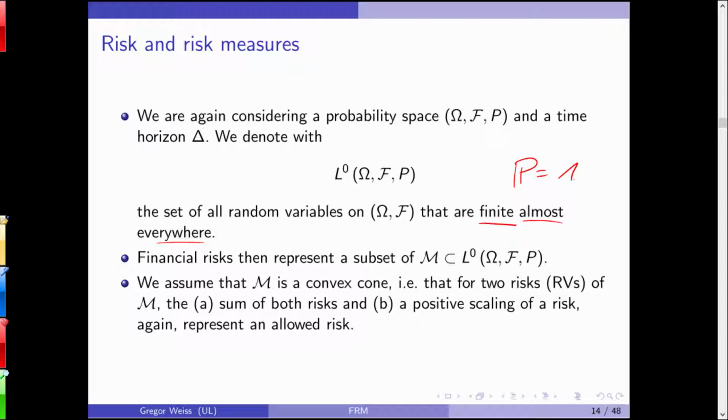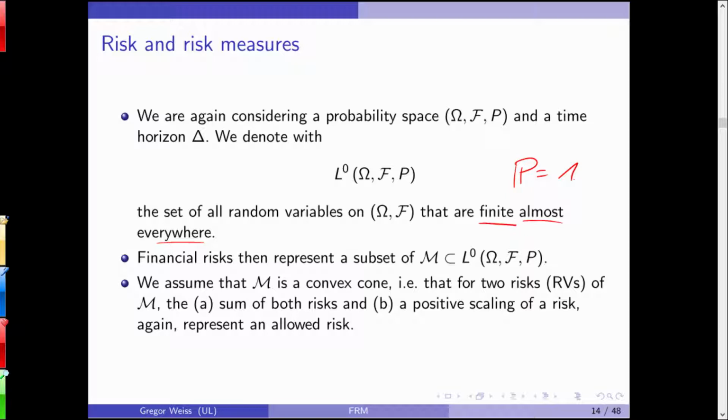In many cases, it is easier not to simply assume this is a property that is fulfilled everywhere. This is a very strong assumption. It suffices in probability theory just to say this is a property that is fulfilled almost everywhere, at least everywhere where it counts, where there is a probability larger than 0. And even if this property here, that the random variable is not finite, might happen, it happens with probability 0, and we don't care about it.